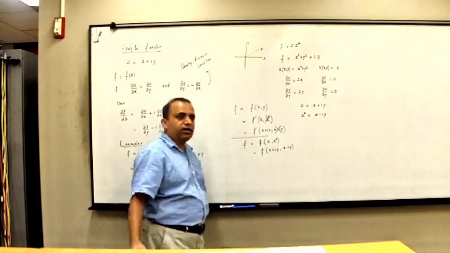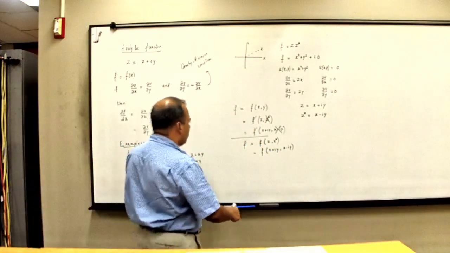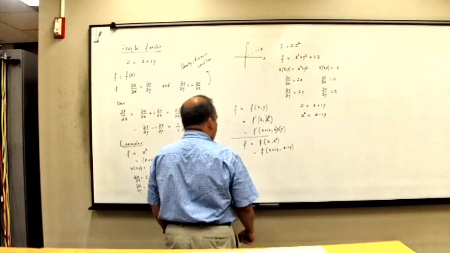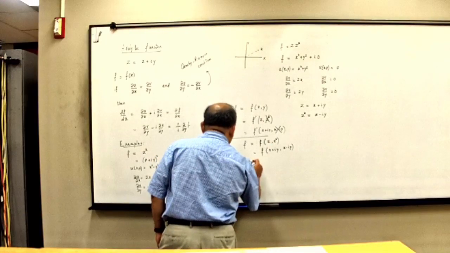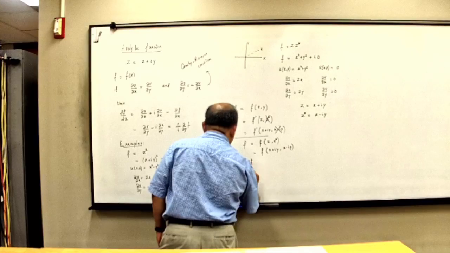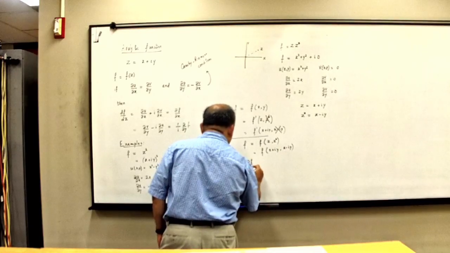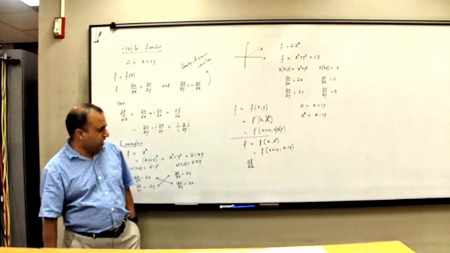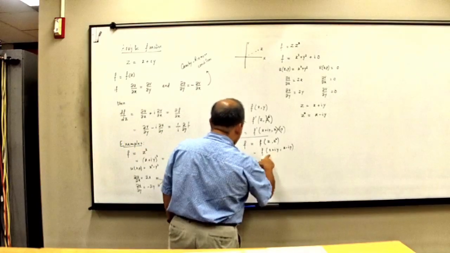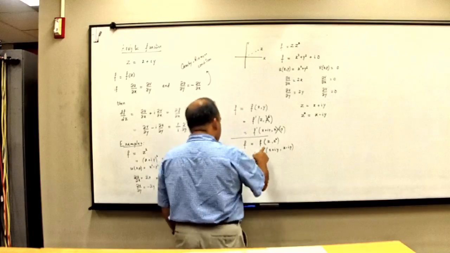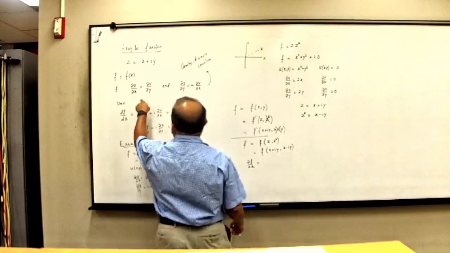So that's what it is, right? Let's see what is the derivative with respect to z star. So partial derivative of f with respect to, maybe first let's do z, right? Partial derivative of f with respect to z is equal to, I want to convert them into x and y, right?